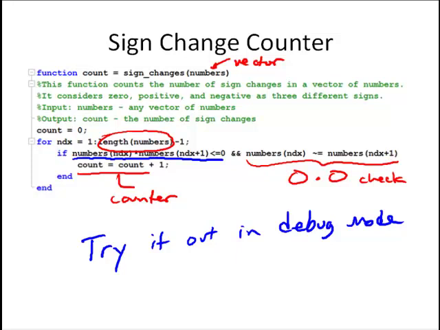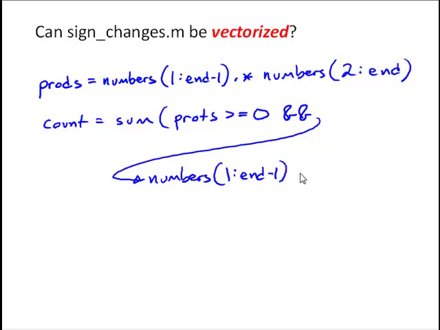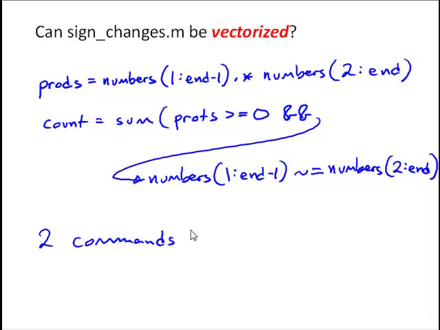Well, again, we can use that same thing that we had here, numbers 1 to end minus 1 not equal to numbers 2 to end. So again, here are two commands that do the same thing as the previous example, and that vectorizes this code.